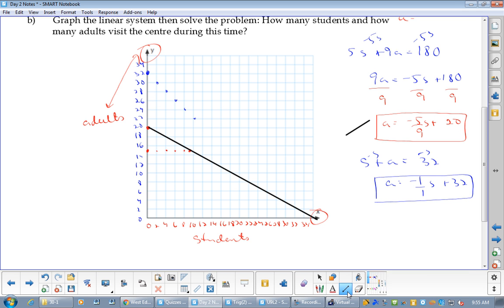So I'm going to make sure I cross through every one of these. Okay, so if I did it right, I'm actually supposed to be going right through here.